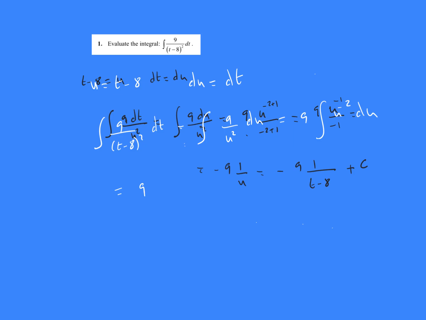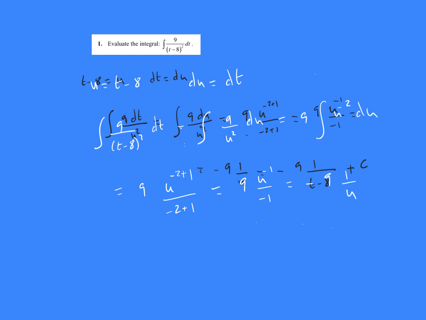The antiderivative of u to the minus 2 is u to the minus 2 plus 1 divided by minus 2 plus 1. But minus 2 plus 1 is minus 1. So it would be u to the minus 1 divided by minus 1, or minus 9 times 1 divided by u.